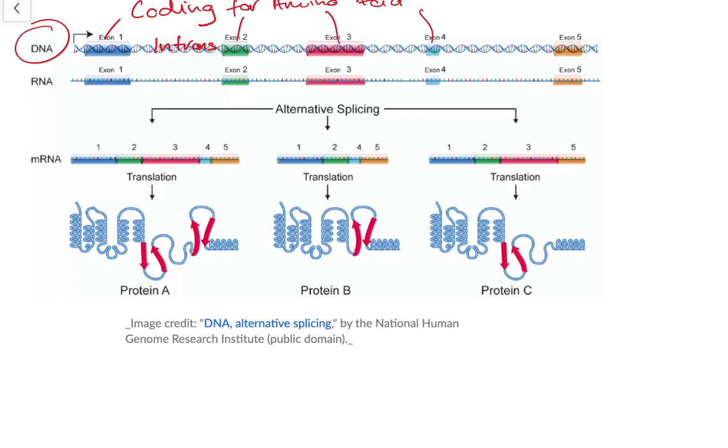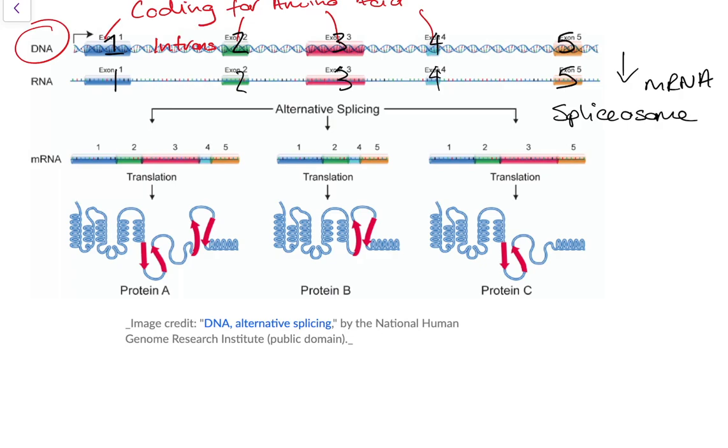So the first way that we could remove these, if you look at the numbers here, we've got 1, 2, 3, 4, 5 coding regions of the DNA leading to the same 5 coding regions of the mRNA. And then the next bit is where the spliceosome is going to chop out the introns.